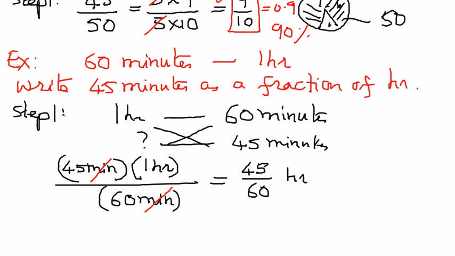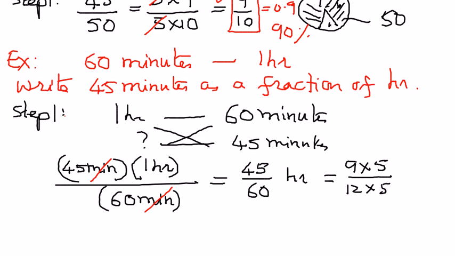So we can simplify 45 and 60. 9 times 5 is 45 and 12 times 5 is 60.